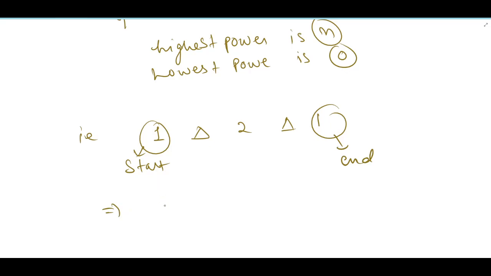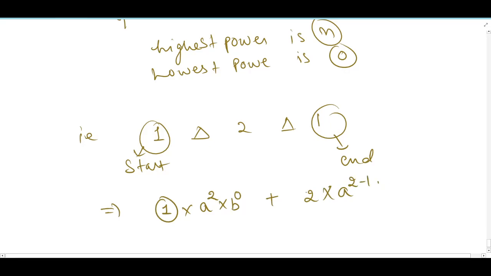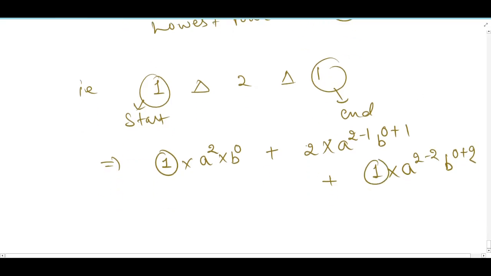We multiply the starting point 1 into the highest power of a, which is 2, and b will be at the lowest power, plus 2 cross a to the 2 minus 1, and b to the 0 plus 1, plus 1 cross a to the 2 minus 2, and b to the 0 plus 2. So at the end point we get the highest power of b and the lowest power of a, 0 and 2.